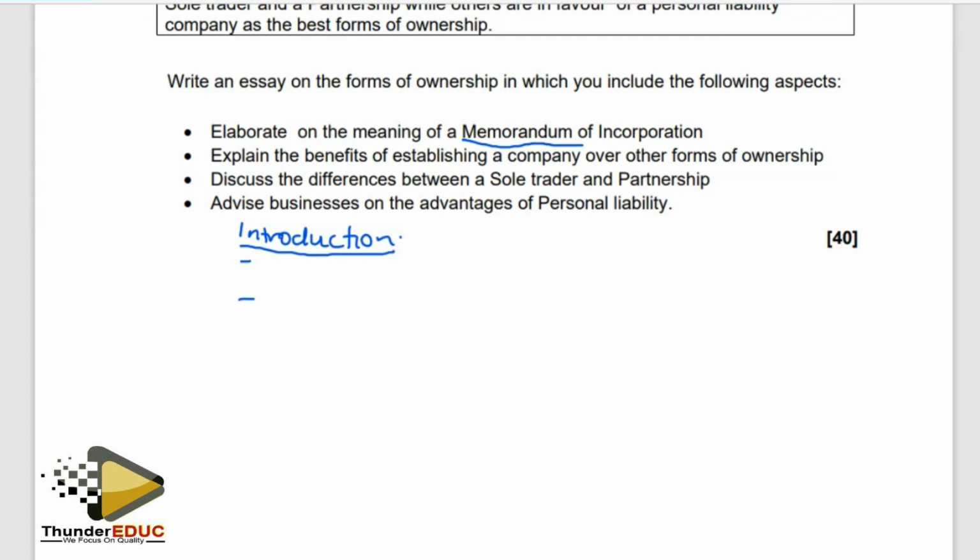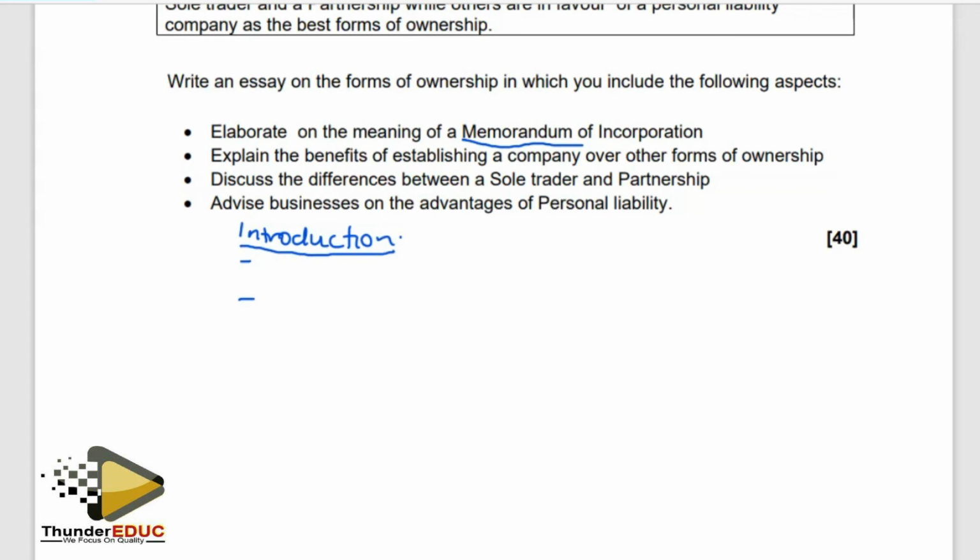We are supposed to use a minimum of 2 points. Write paragraphs in point form. Introduction paragraphs in point form. 2 paragraphs in point form.